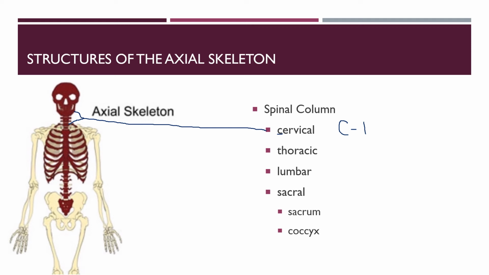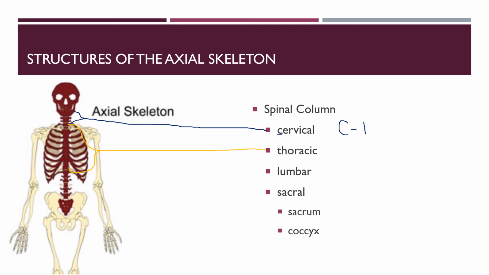The next group is the thoracic vertebrae, and the thoracic vertebrae are those in your chest area. Thorax, chest, thoracic. And they are named the same way as we did with the cervical vertebrae.